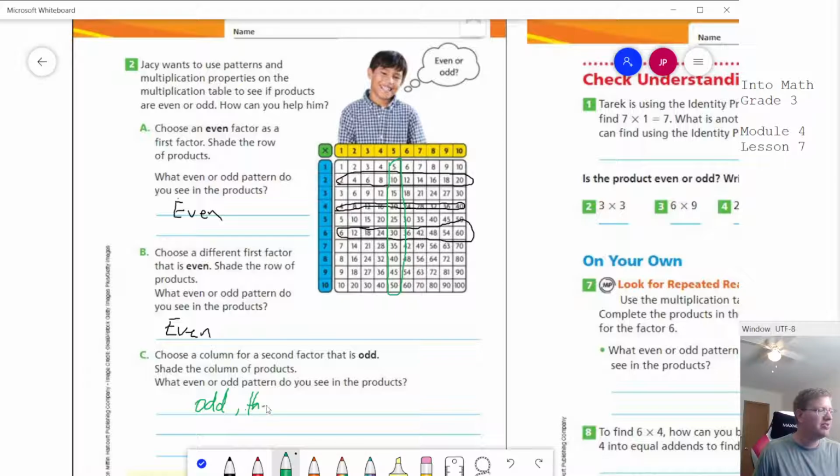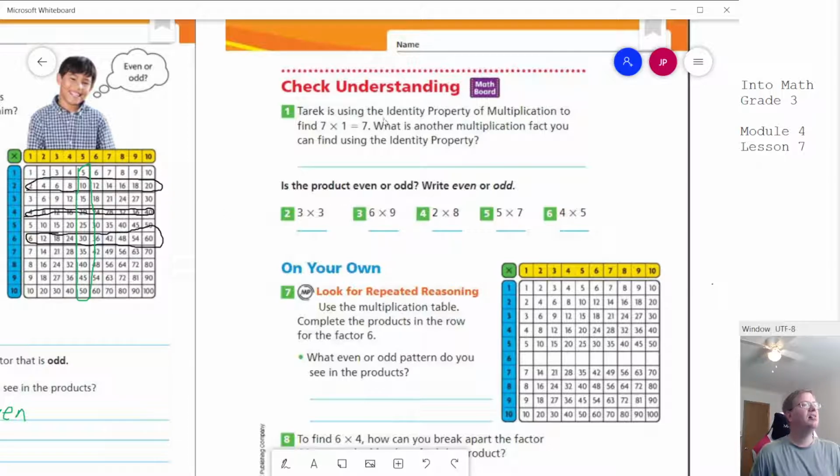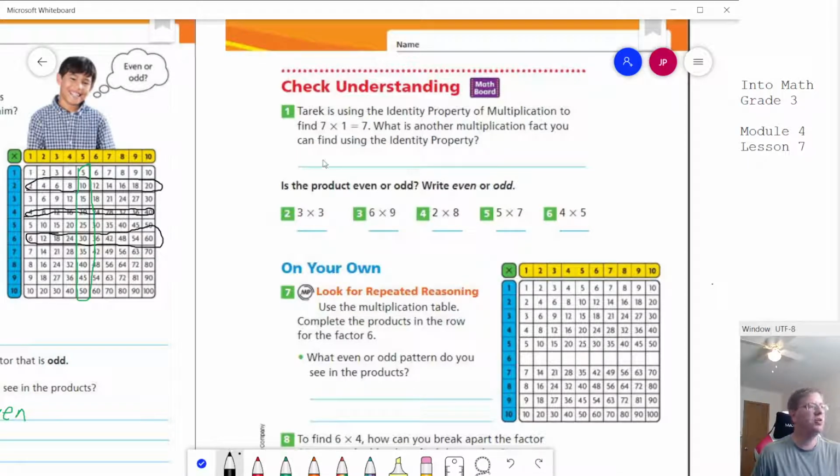Now, on the other side, we are going to be working with the identity property of multiplication. Let me see if I can get this to grab correctly. There we go. So we want any other multiplication fact. Now, we could go ahead and say that we could do 1 times 7, and that would also work. We're just also using the commutative property to help us.